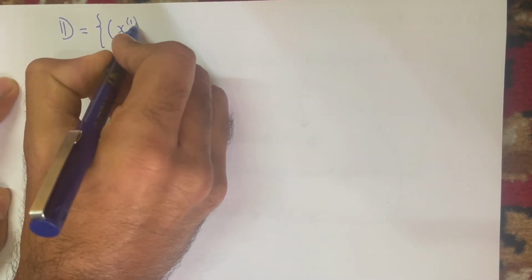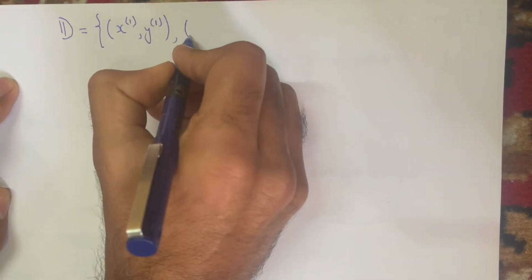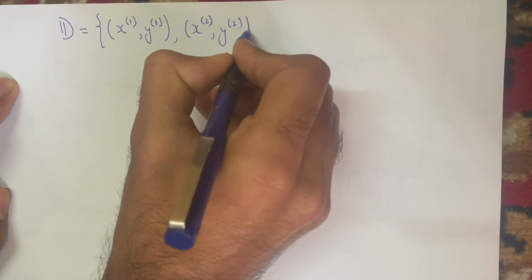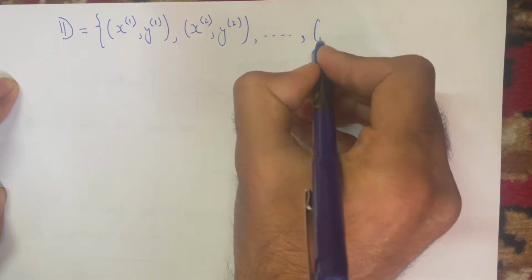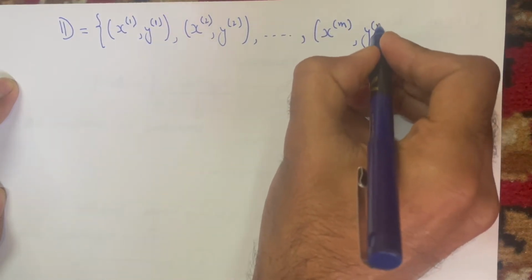This is the first data point input and this is its output. This is the second data point and its output. And this is our last data point, the mth data point, and its output.